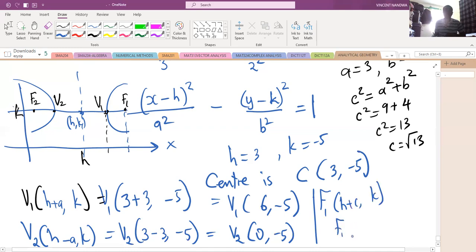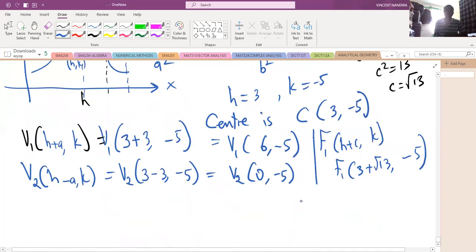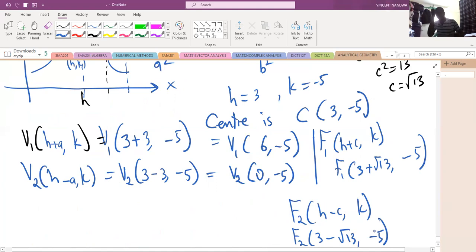So F1 will be 3 plus root 13 comma minus 5. And then F2 will be h minus c comma k, so F2 will be 3 minus root 13 comma minus 5.